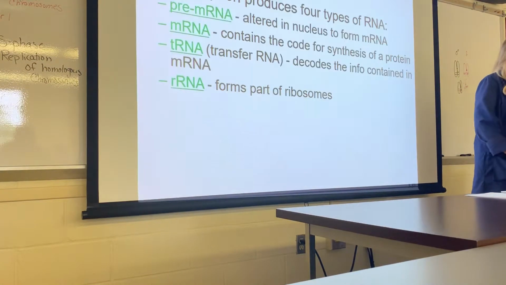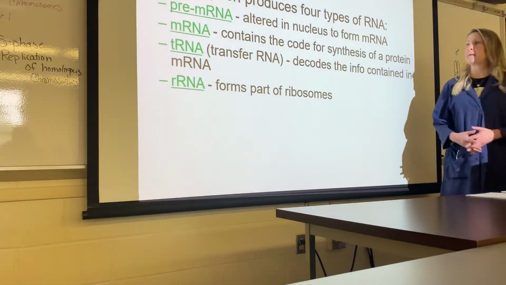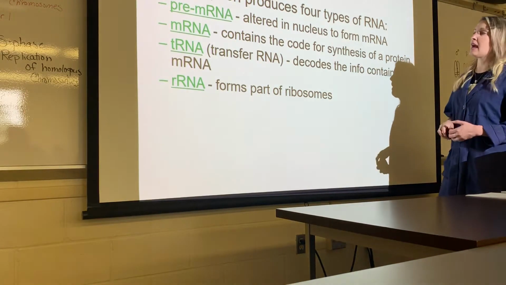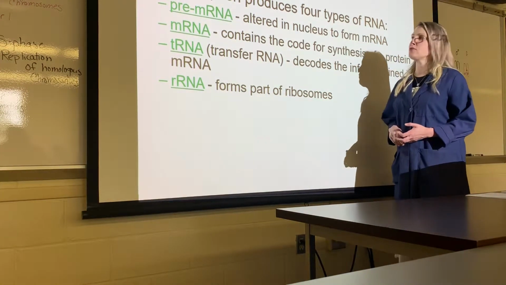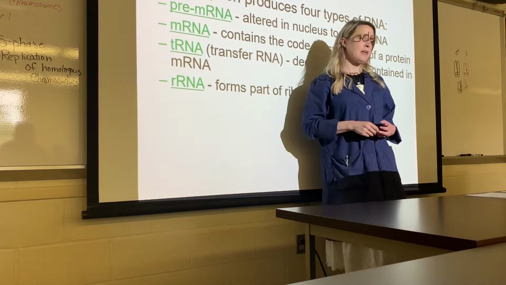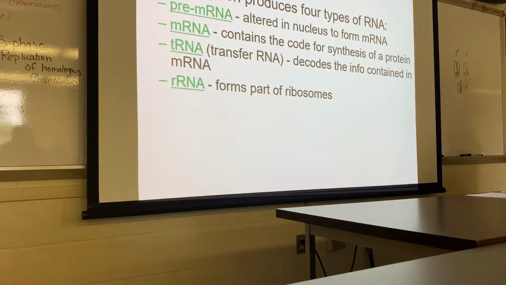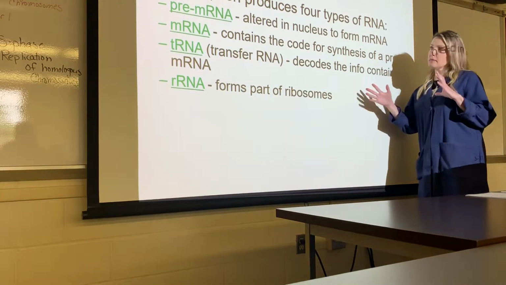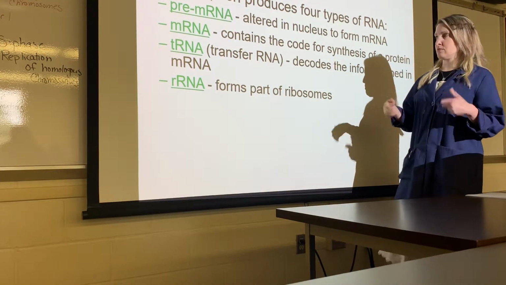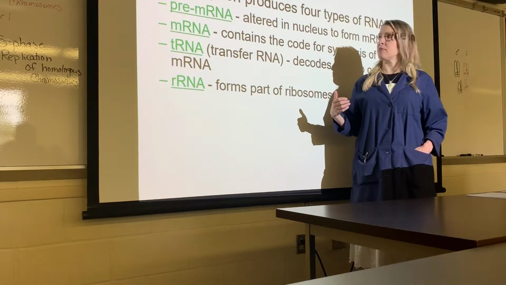Okay, so with RNA, we actually have 4 different forms. The first form is pre-messenger RNA. This is a form of messenger RNA that is unedited, so it's going to contain some of the coding information we need, but also it's going to contain the nonsense we don't need. We're going to talk a little bit about how that stuff is released from the messenger RNA molecule.